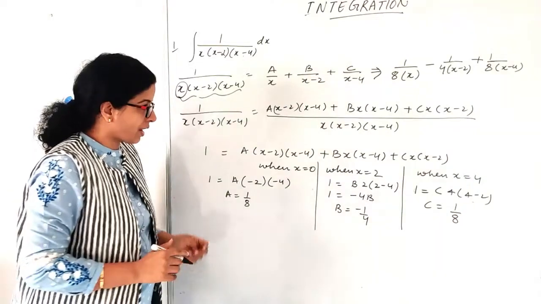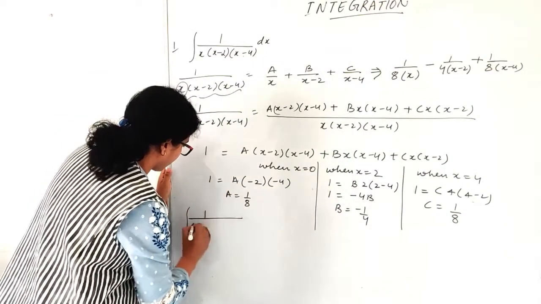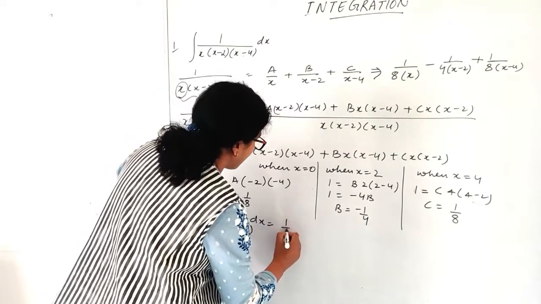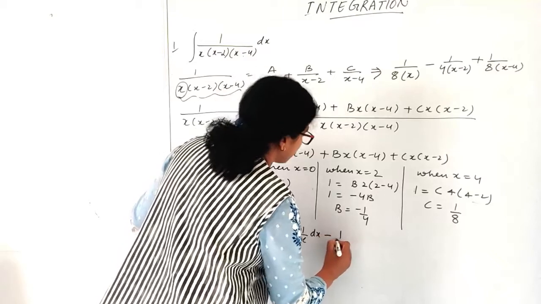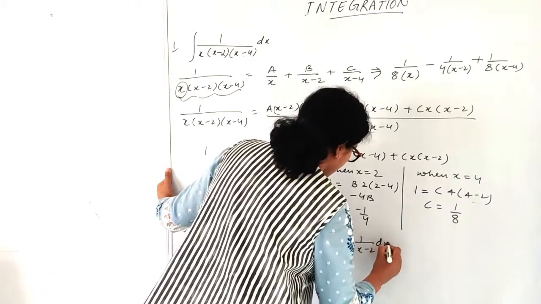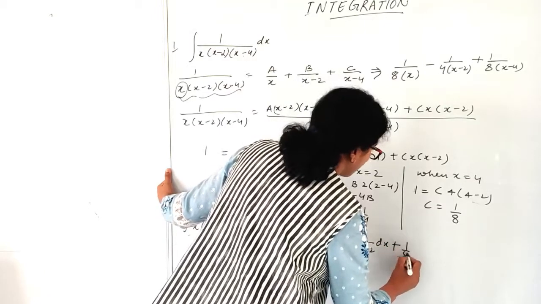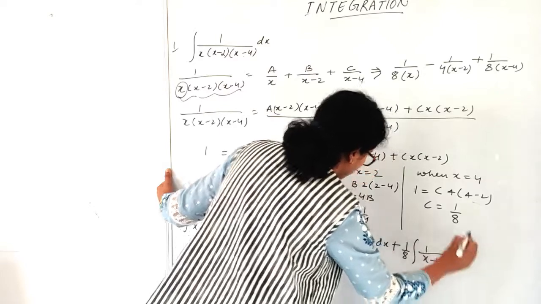So let us integrate now. So it will become 1 by 8 integration 1 by x dx, minus 1 by 4 integration 1 upon x minus 2 dx, plus 1 by 8 integration 1 upon x minus 4 dx, right?